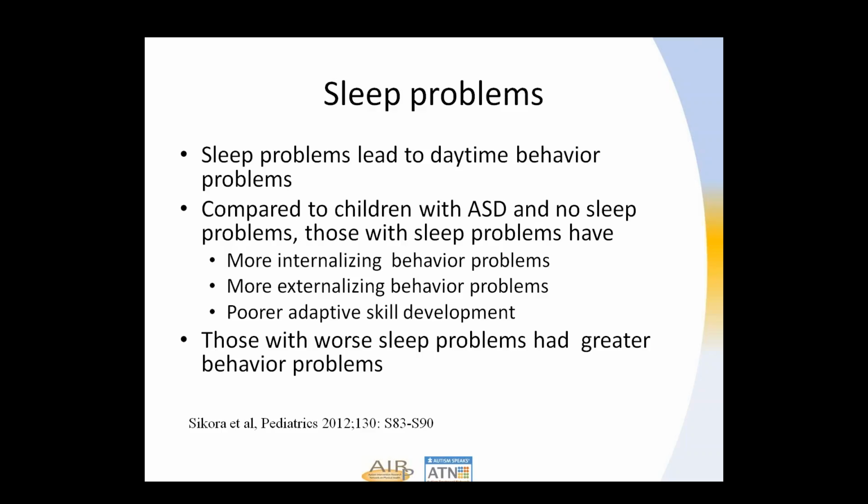Those are problems with withdrawal or anxious behaviors or depressed symptoms. They also have more externalizing behavior problems, such as overactivity or aggression or inattentiveness and impulsiveness. And they also have poorer adaptive skill development.